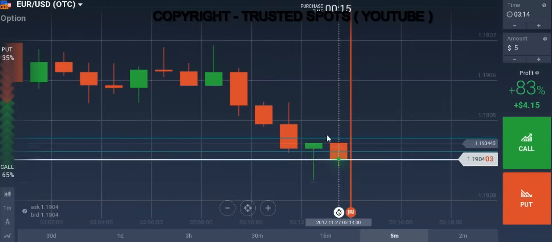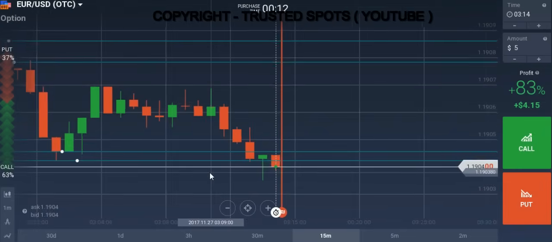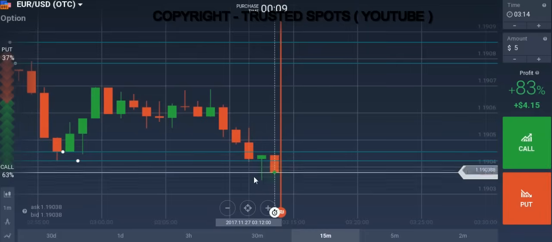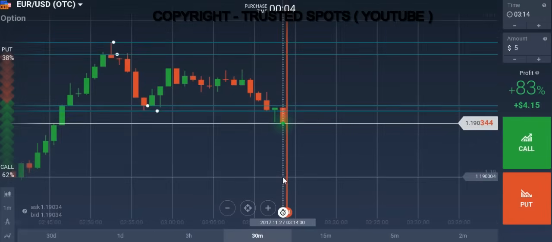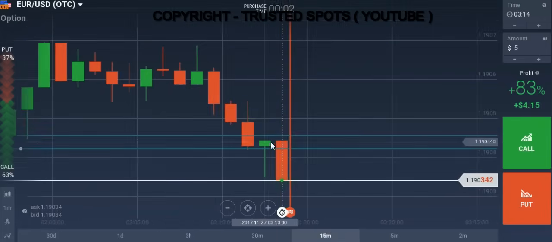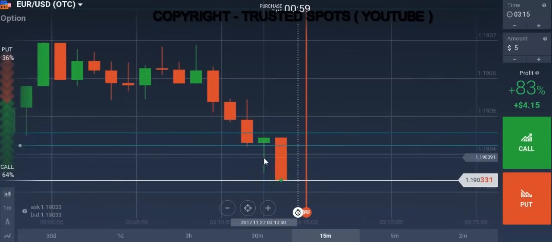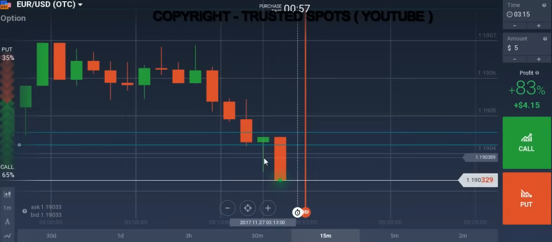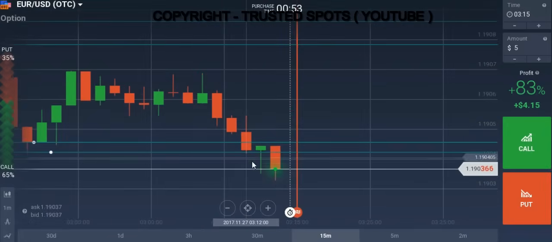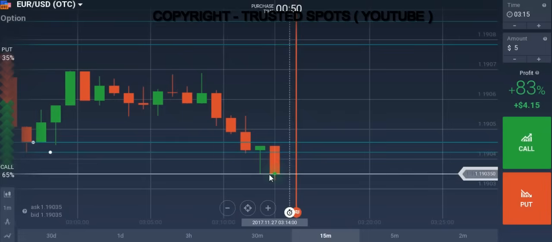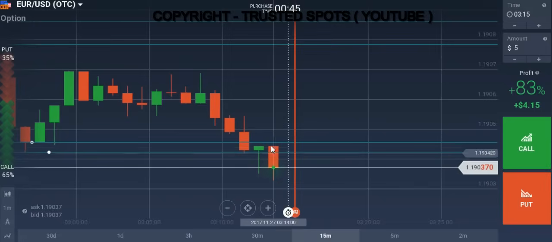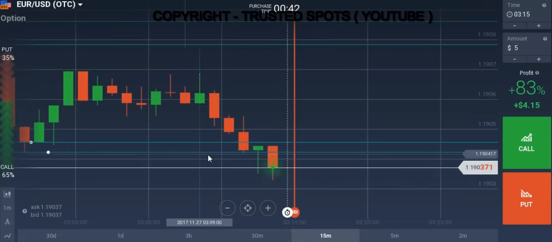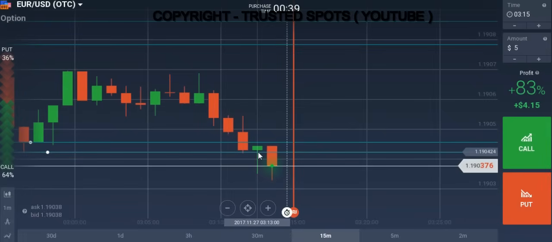The last candle is a hammer, so it also means a reversal, a sign of reversal. This is a support that has not been crossed, so by seeing this candle, we have a vision that market wants to go up because this is a support and this is a hammer. So in our mind, we are ready for a call, not for a put, because the last candle says that market wants to go up. The support is also not being crossed, so there are chances that market can go up.